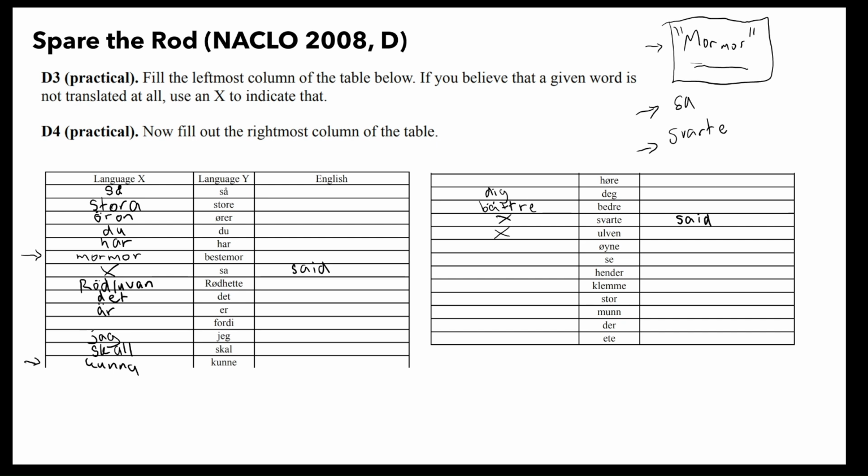Okay, next we have svarte. It's done. Ulven is done. Oine. So if we look back at the text, where is oine? So it's in Y3. Sa står oine du are bestemor sa rodet, right?